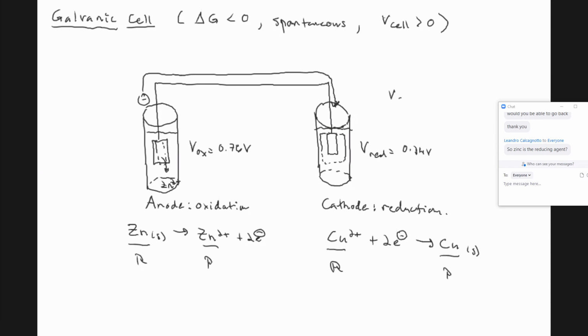So the voltage of the cell in this case is 1.1 volts when we add those 2 numbers up. And those are derived from the tables.